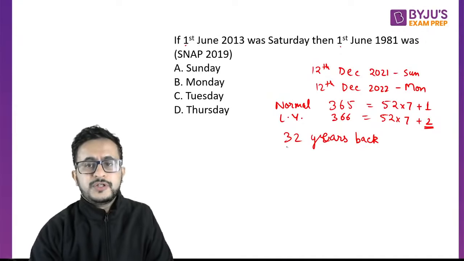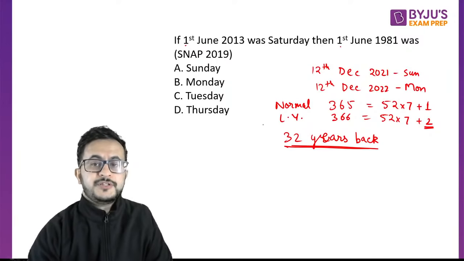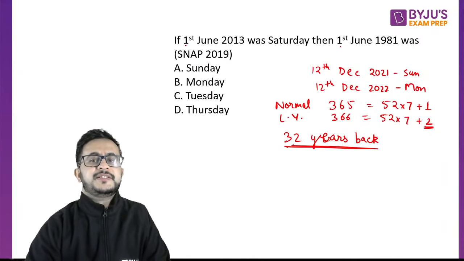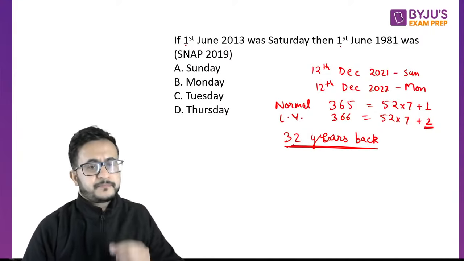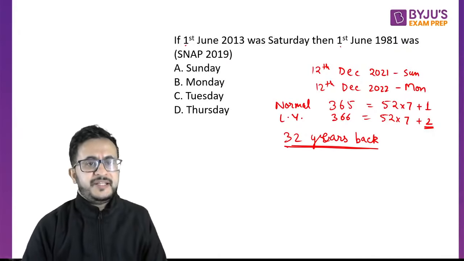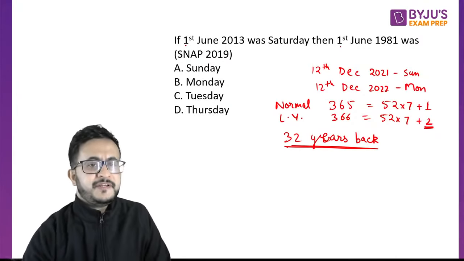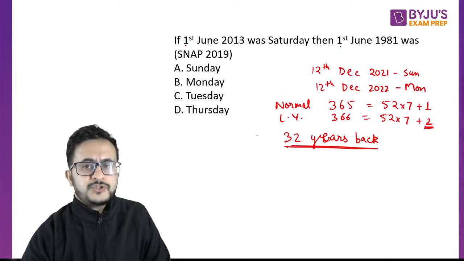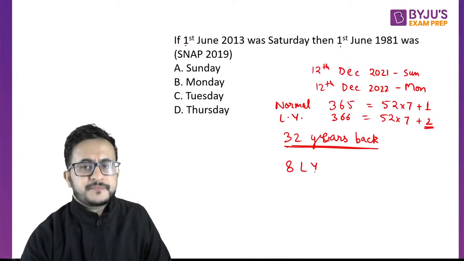We have to go 32 years back. Okay, 32 years back, how many leap years will be in this 32 years? In these 32 years, how many leap years will be there? So every 4 years you will have a leap year. So there are 8 leap years.